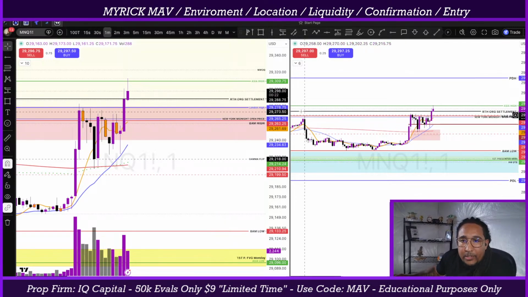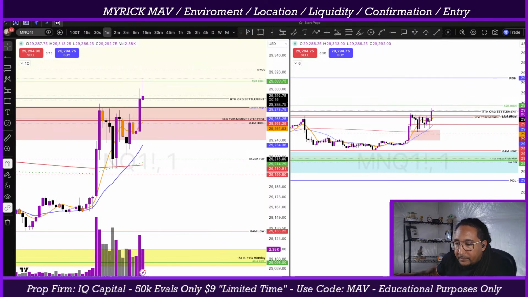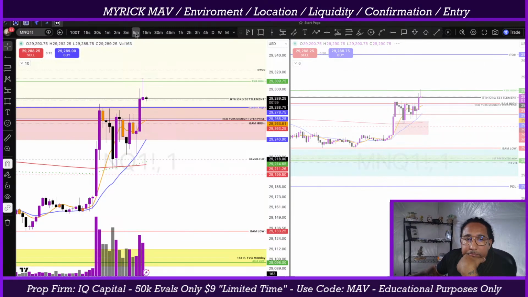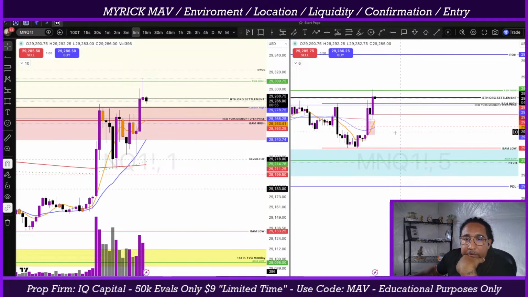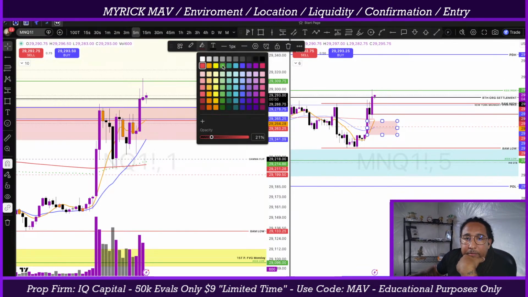So right at those Asia highs, swept external liquidity. So now let's see if we can get some type of inversion. We have our 5-minute bullish fair value gap here.